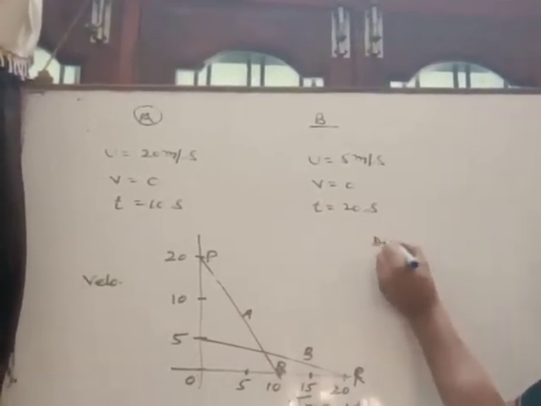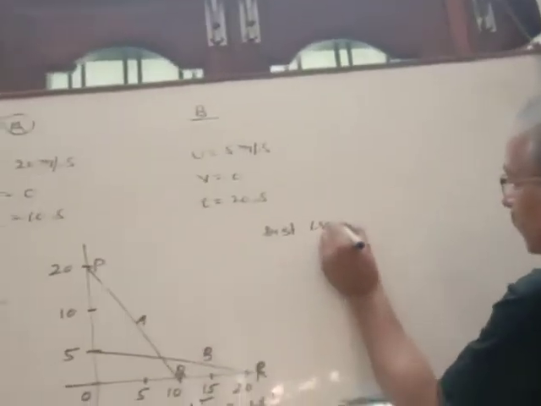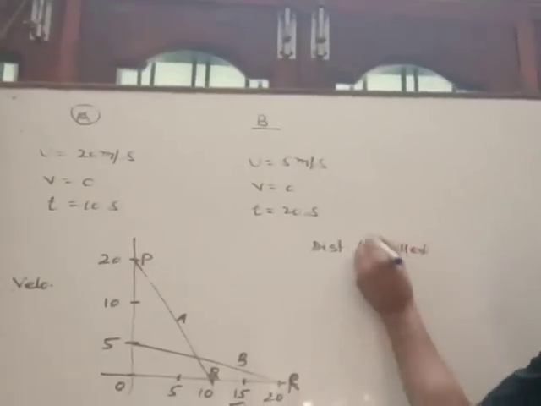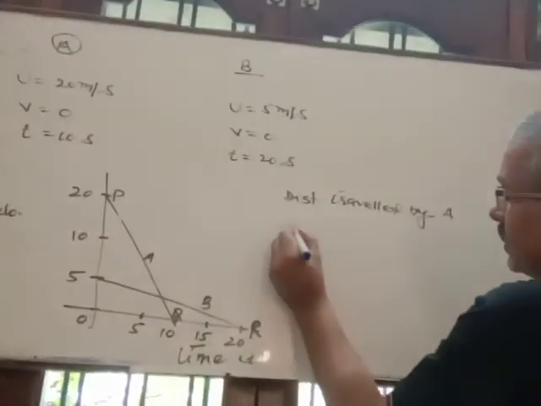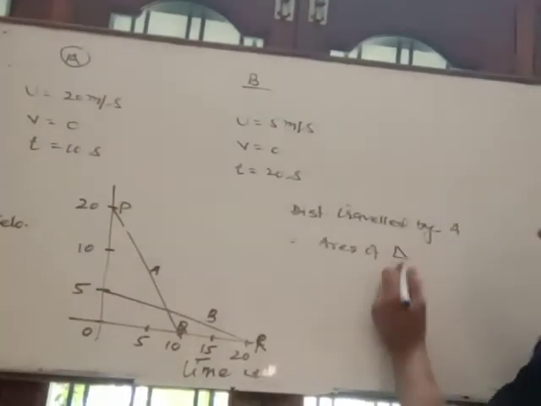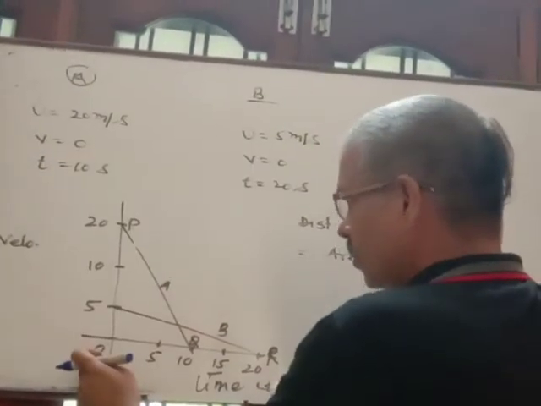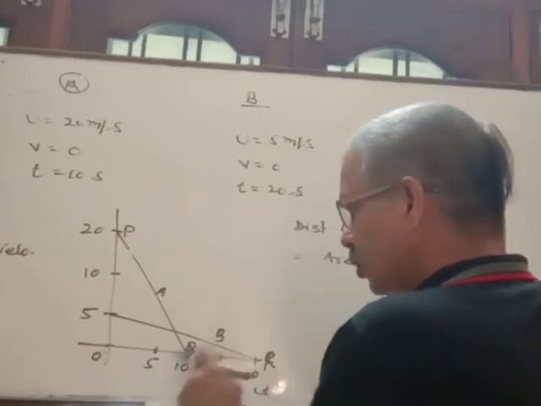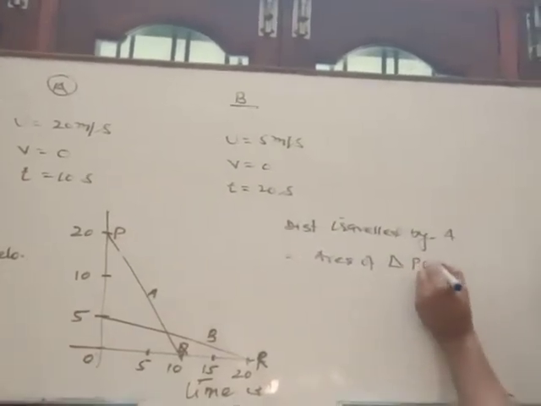So distance traveled by A is equal to area of right angle triangle POQ.